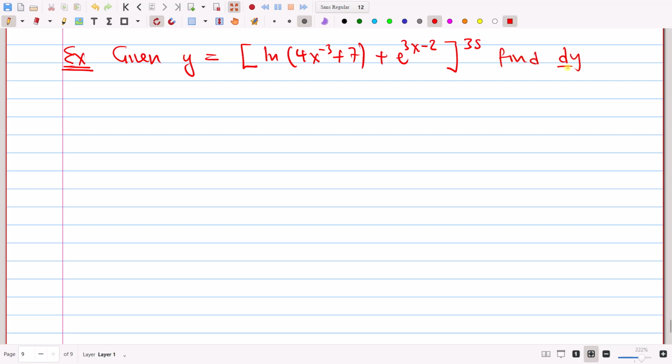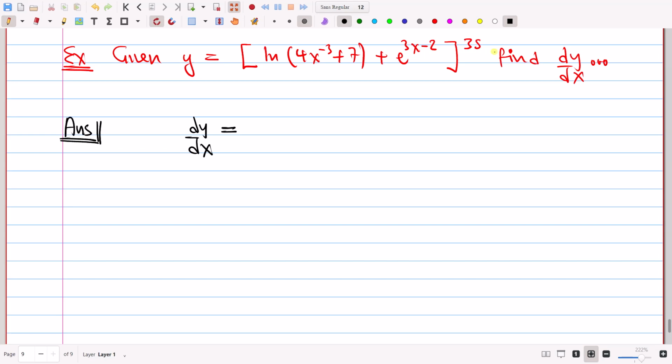Find dy dx. So let's say you're given that, and then they say find that. How can we calculate this? Now this is how we proceed. We want to find dy dx.